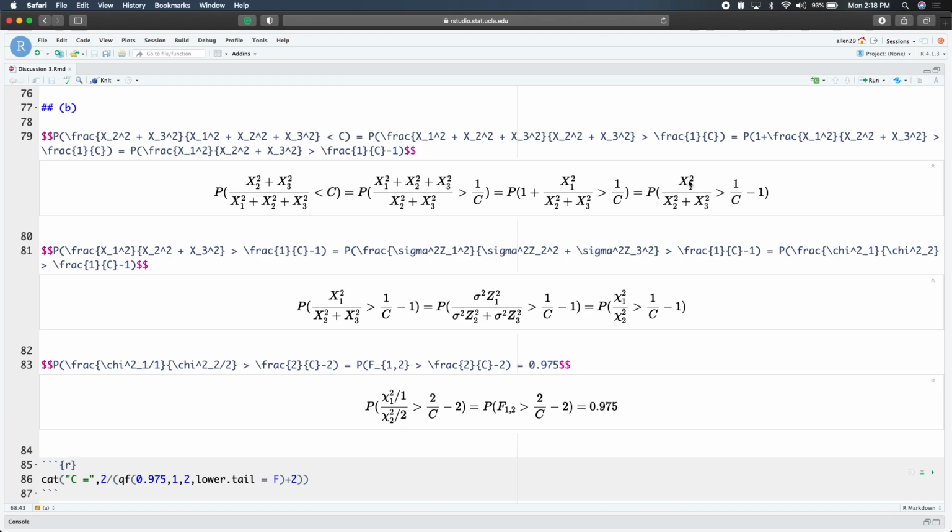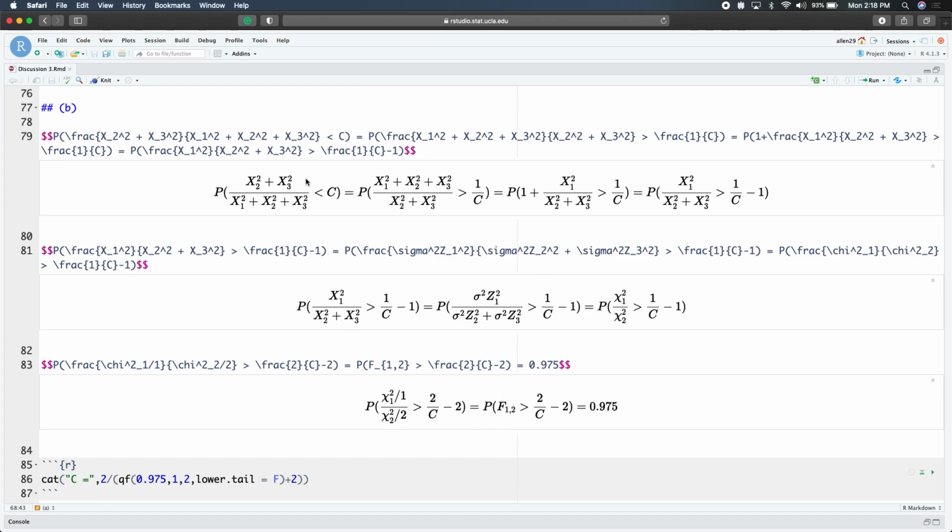So now the numerator and denominator are independent. They don't share the same copy as before. And then we rewrite each of the terms in terms of z square, cancel out the sigma square, and then we have the ratio of 2 chi square. Again, divided by its corresponding degree of freedom, we reduce to F.